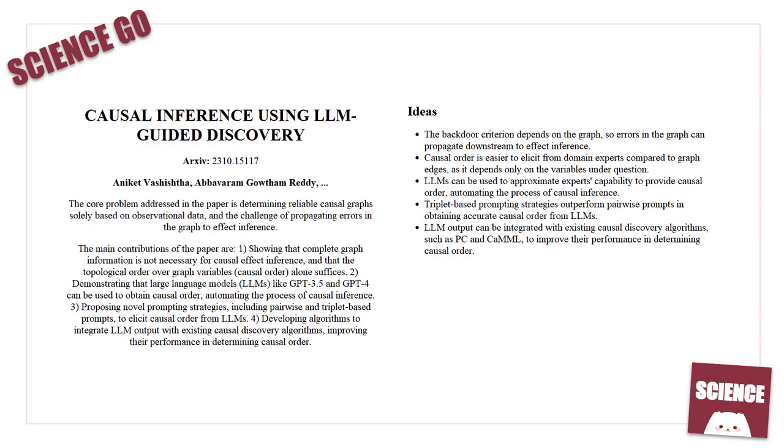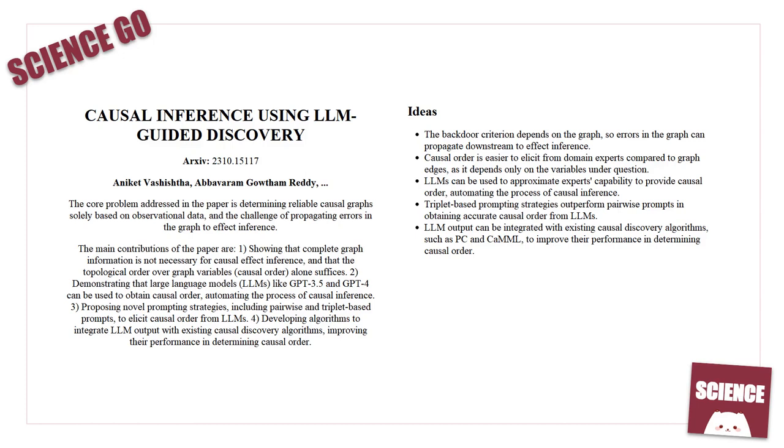So the paper Causal Inference Using LLM Data Discovery is about finding out how things are connected and what causes what using a special kind of computer program called a language model. The problem the paper tries to solve is how to figure out these connections just by looking at data without doing any experiments.